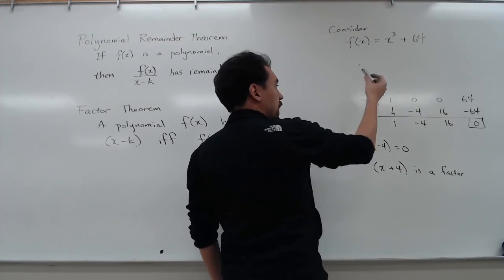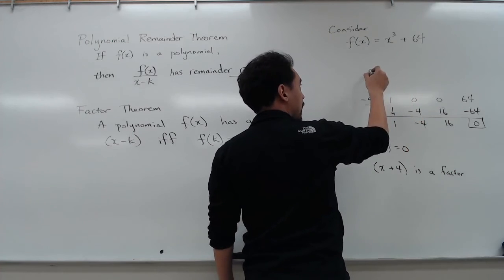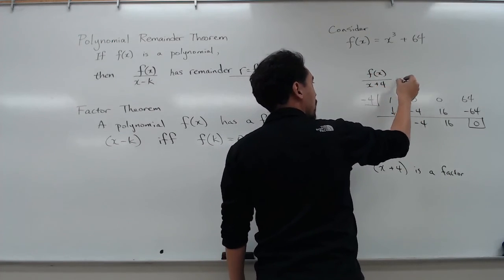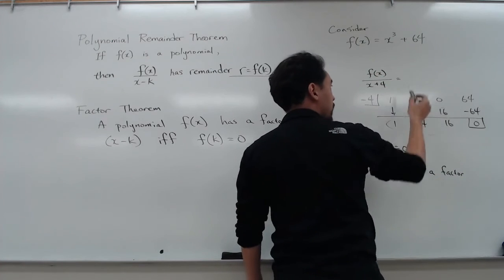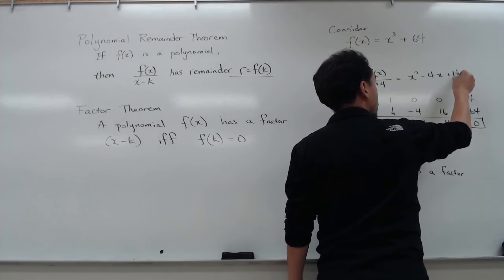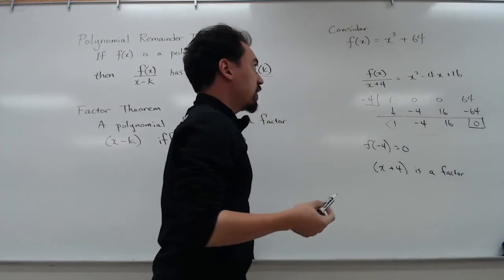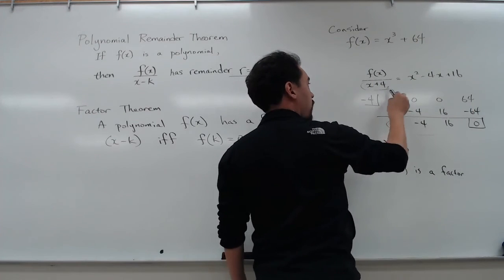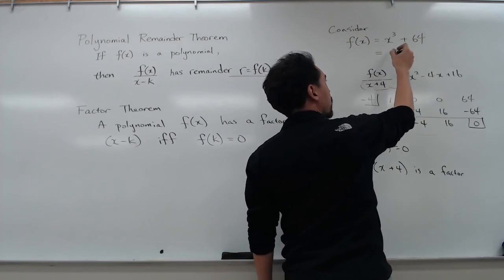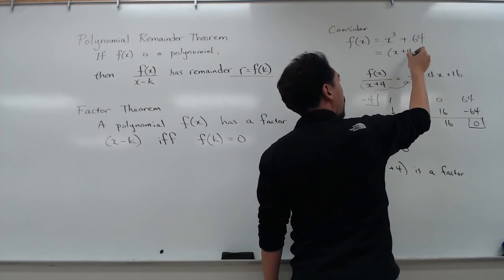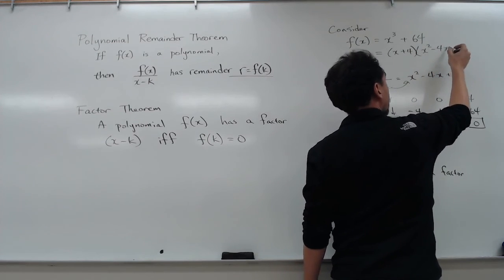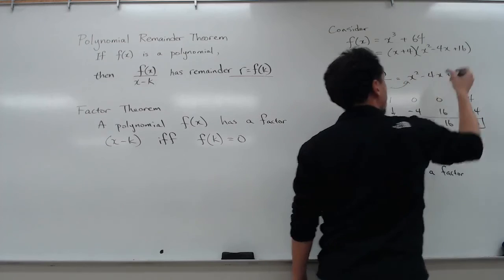Now, if I were to write this as f of x divided by x plus 4, we could write this as the quotient here, that's x squared minus 4x plus 16 with no remainder. And then if we take this x plus 4 and multiply it over, oh, this is what we get. We get f of x is equal to x plus 4 from here times x squared minus 4x plus 16.